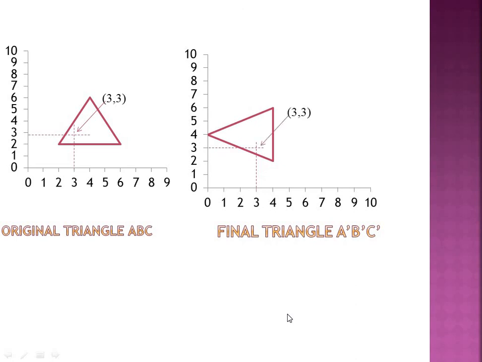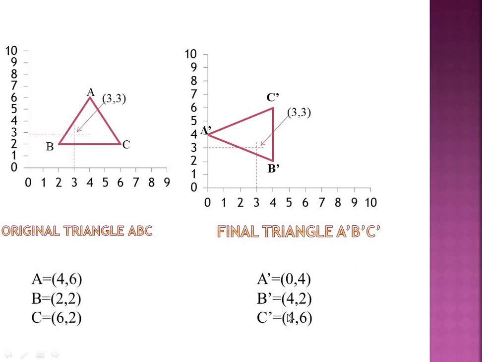In this way you can see that after transformation the triangle gets rotated by 90 degrees. It is clear from the picture. In this way we can solve these numericals of fixed point rotation. This is triangle ABC and this is A dash, B dash and C dash. These were the originals that were given in the question, and this is the final that we get after solving the question.